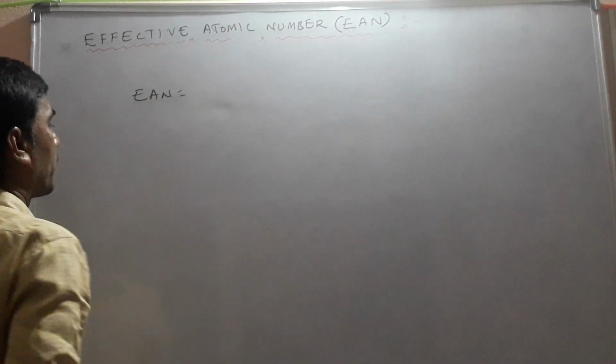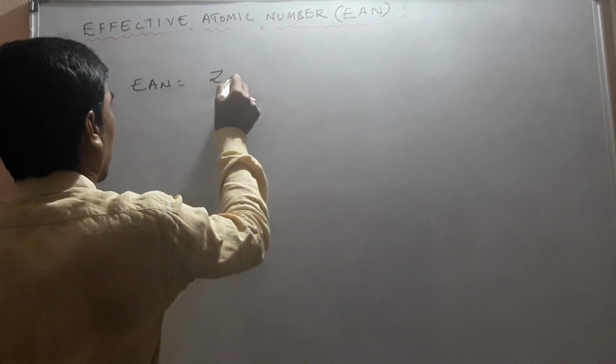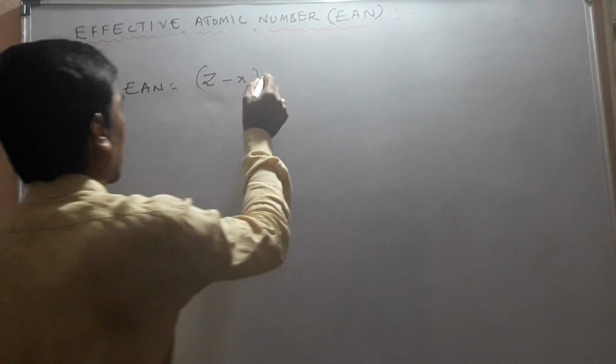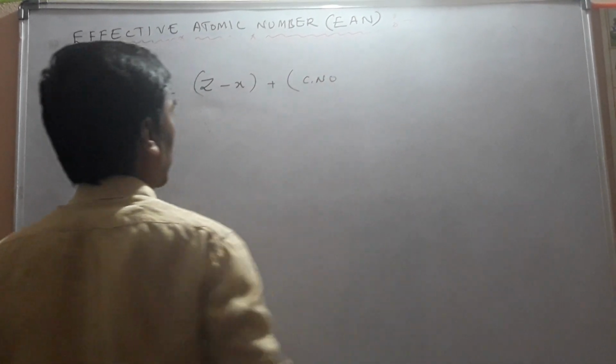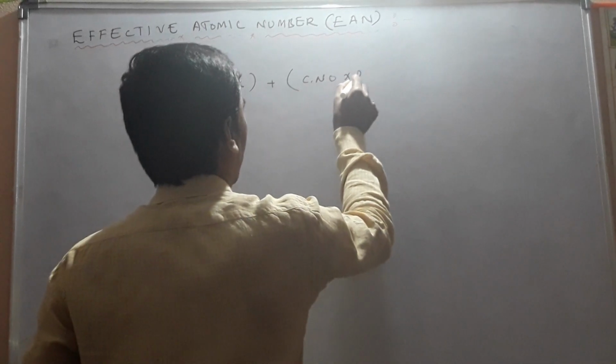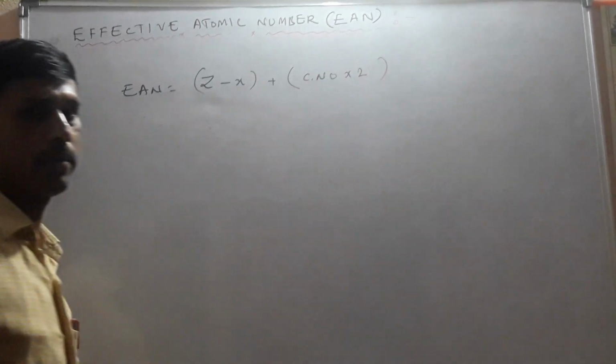The EAN formula is EAN is equal to Z minus X plus coordination number into 2.